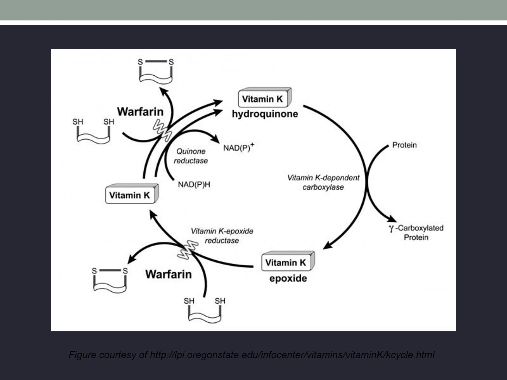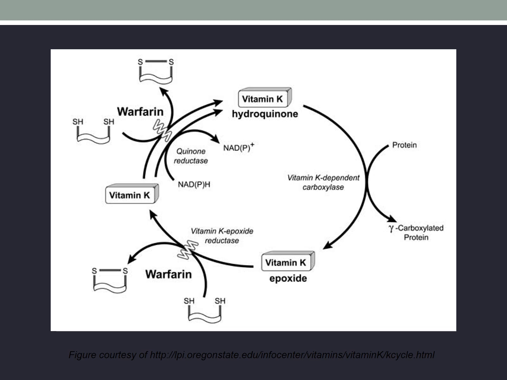This slide is a diagram of the vitamin K cycle. Starting at the bottom of the slide, vitamin K epoxide is the inactive form of vitamin K. Inactive vitamin K transitions to active vitamin K as you go clockwise through the cycle.